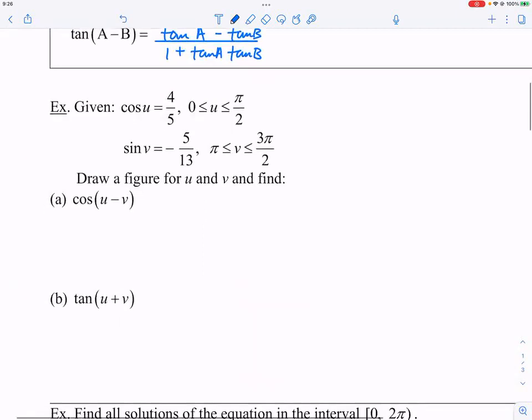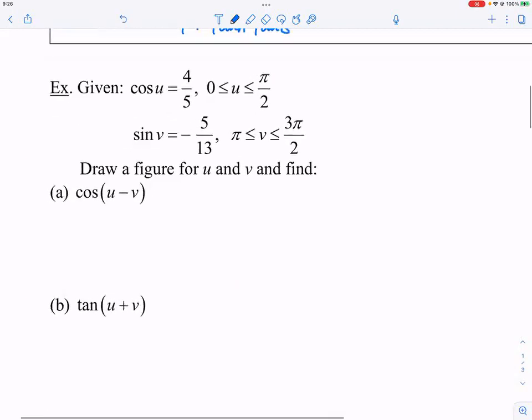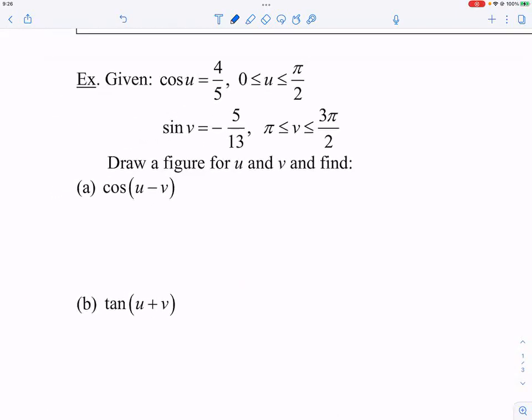All right, so what's new? Well, what's new here is this. If you look at the expression right here, it's cosine u minus v. So if you're going to write it, you'd say, oh, I know how to write it: cosine u cosine v plus sine u times sine v.